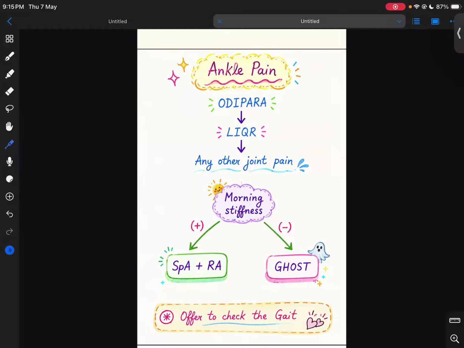But whatever the cause, if the patient complains of ankle pain, tell him, show me the site of the pain, because it is very important. For every kind of pain, localization is very important. Tell the patient, show me the site. Where are you feeling the pain exactly? Did you get your answer, doctor?